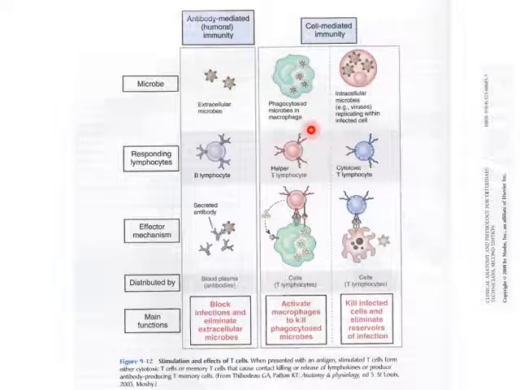So with the cell mediated, you have the non-specific, we have them engulfing the problem. The helper T cells are going to go over to that white blood cell and say, hey, you need to destroy what you've engulfed, and it'll work together with those to destroy. So activate the macrophages to kill the phagocytosed microbes.